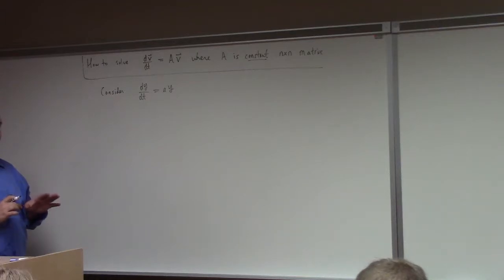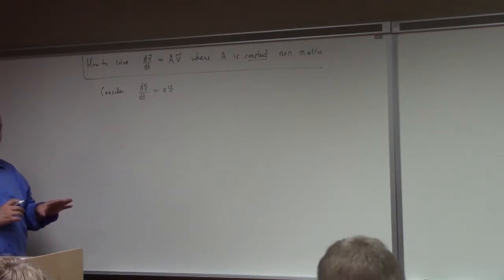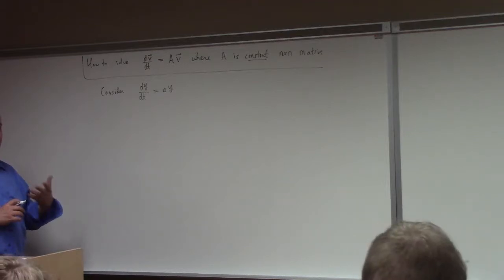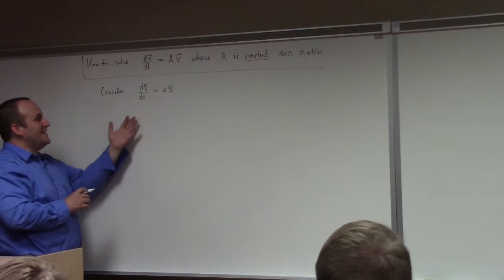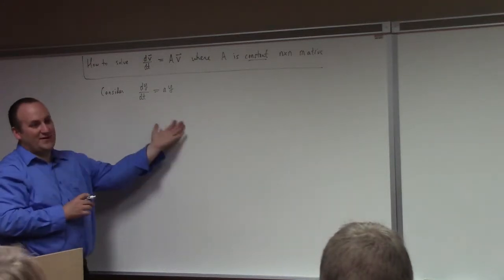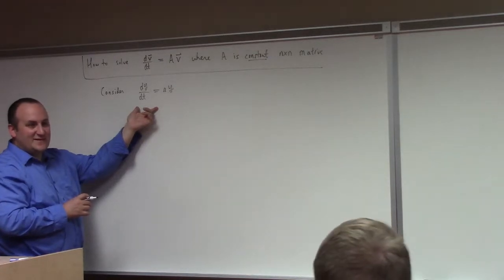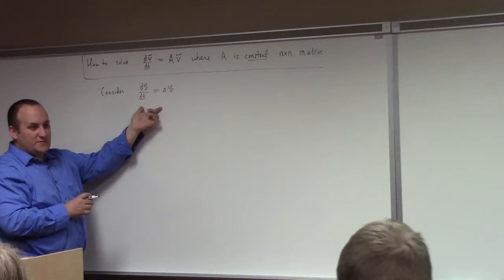I once asked a math major linear algebra class, like 40 people, and no one could answer it, which was very troubling to me. Anybody getting a degree in math, science, or engineering should be familiar with this differential equation. It's exponential growth, right?